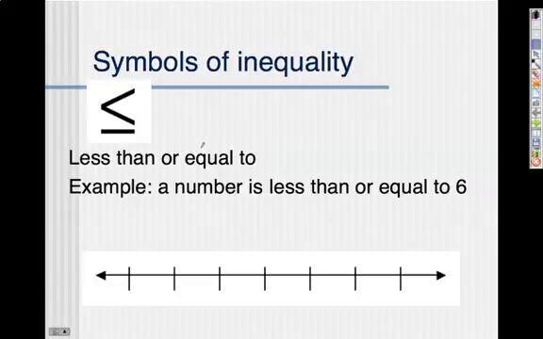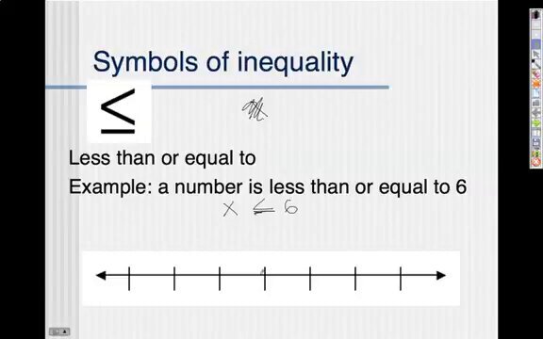So the difference is, now a number is less than or equal to 6, and we just want to write x is less than or equal to 6. What that means is now that number is not just our jumping off point anymore. Now x could be 6 or anything less than 6.